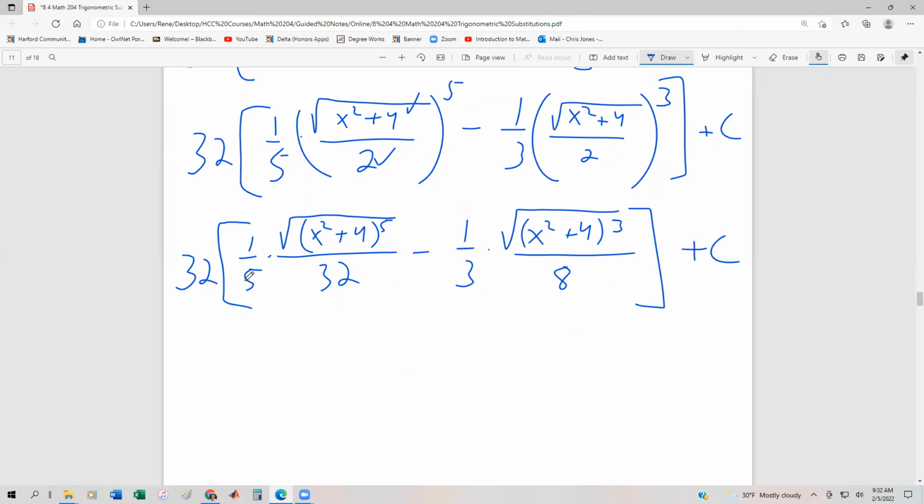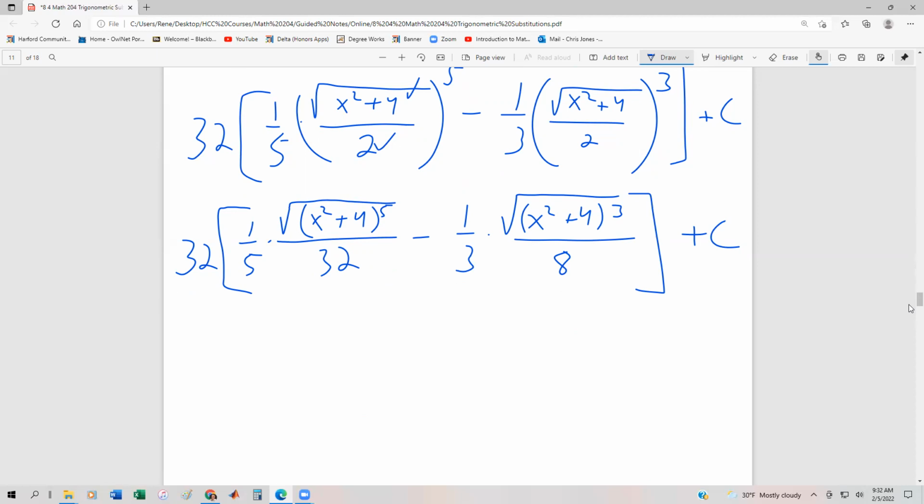Distributing 32 and trying to reduce this a little bit, right? We know that this 32 is going to cancel, and the 32 over here is going to cancel with 8 and leave us with 4 for that one.